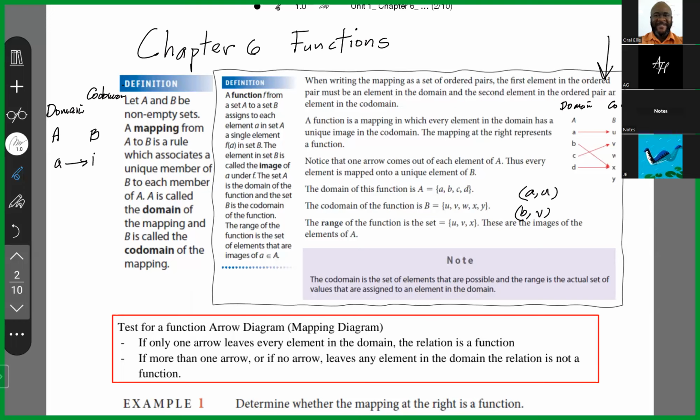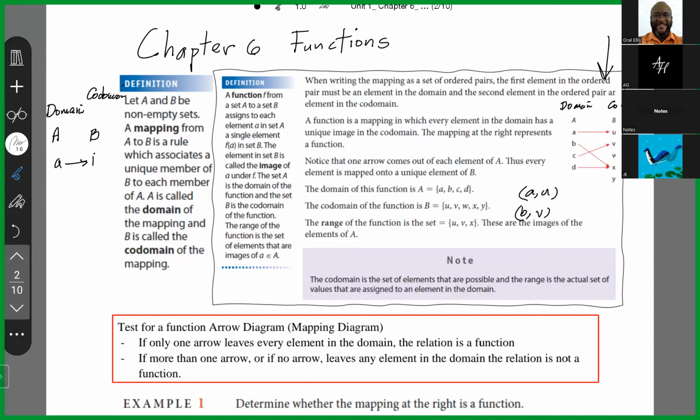Now, a function is a mapping in which every element in the domain has a unique image in the codomain. At CSEC, we would say every element in the domain is mapped onto one and only one element in the codomain.